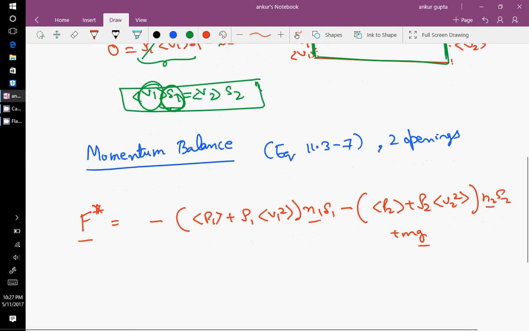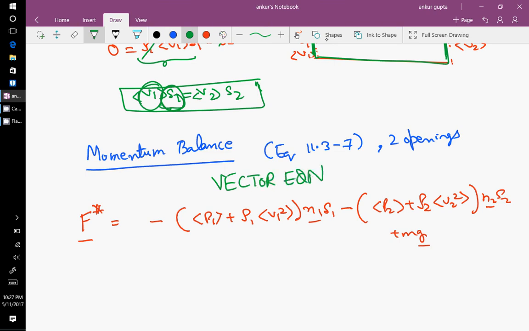Okay, so first thing, this is a vector equation. Do not forget this. This is the important thing. This is a vector equation because you want to calculate the force, and force is a vector quantity.